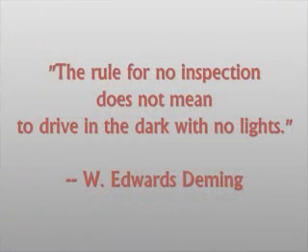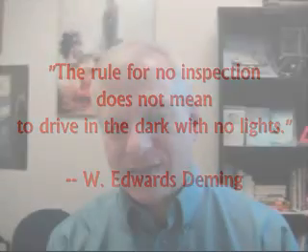One of the things that the chapter says right here is the rule for no inspection does not mean to drive in the dark with no lights. I love that line. You should always have information that tells you what the process is doing, and should gather that information in the smartest way possible.